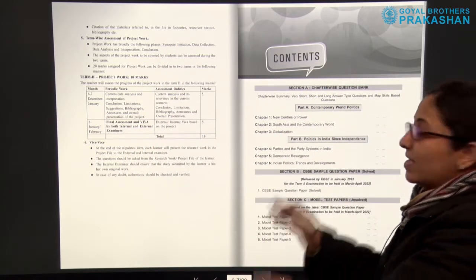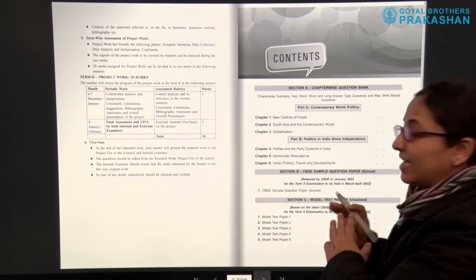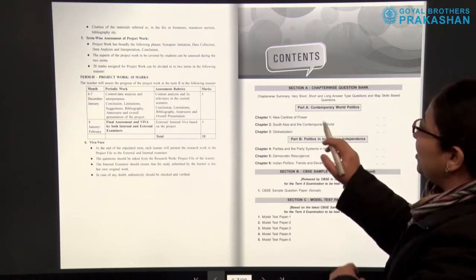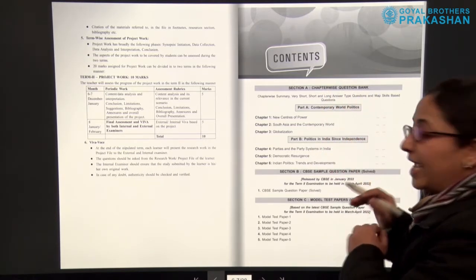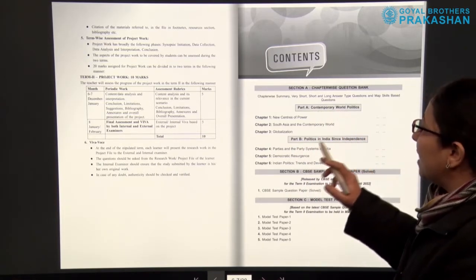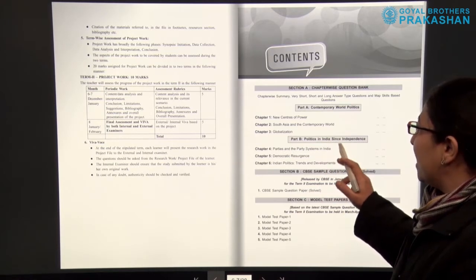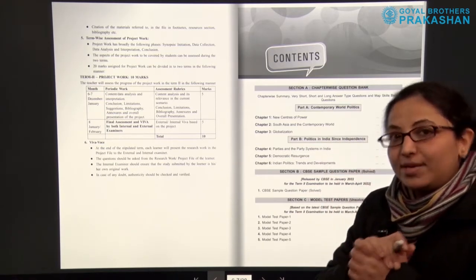After that, we have the contents. If you see, the contents are divided into 3 different sections. Section A, which is the chapter-wise question bank. Now, there are 2 parts in section A. Part A, which is contemporary world politics, and part B, which is politics in India since independence. So, there are 2 different parts in the chapter-wise question bank.